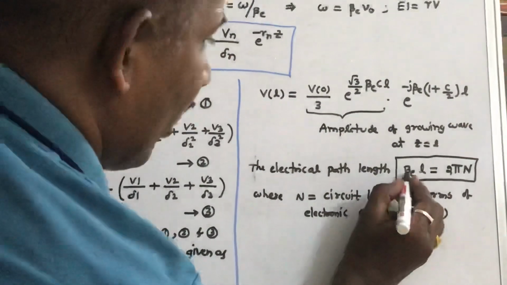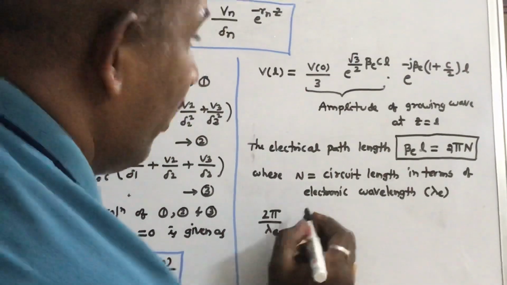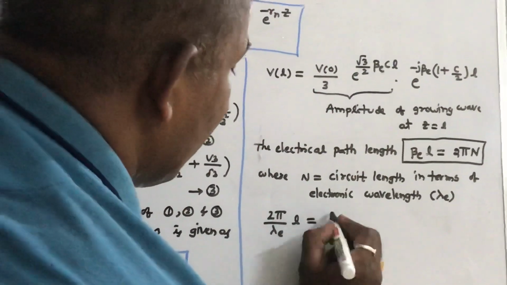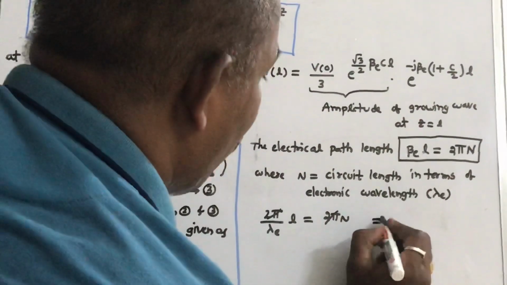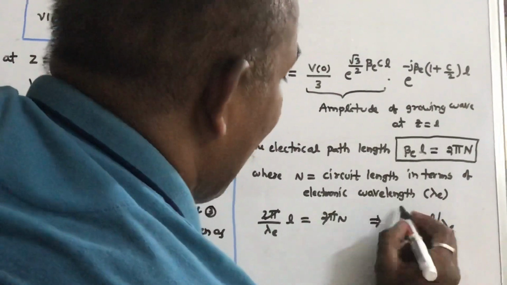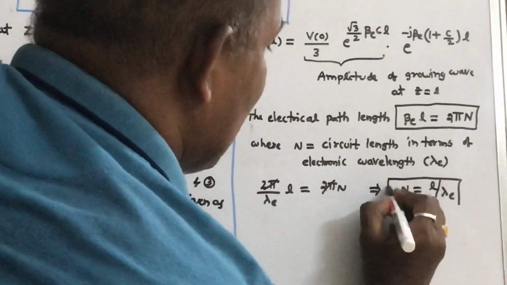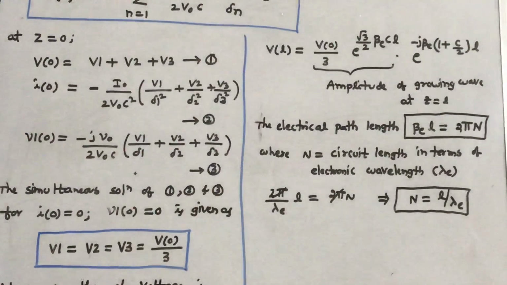What is beta? As you know, beta is 2 pi by lambda e, so beta into L equals 2 pi n. 2 pi gets cancelled out, from which n is equal to L by lambda e. So this is the circuit length n in terms of wavelength lambda e.